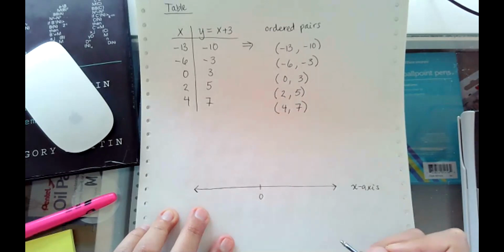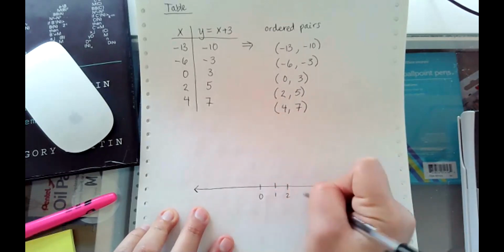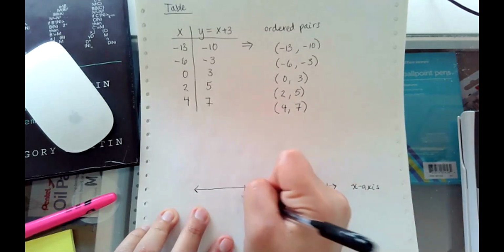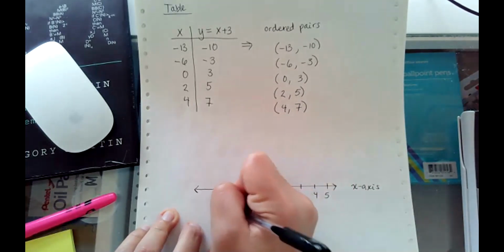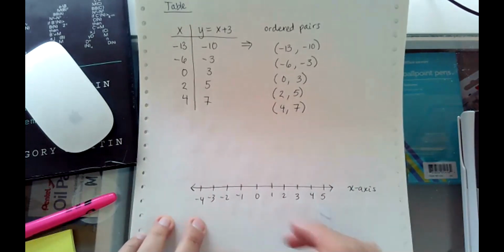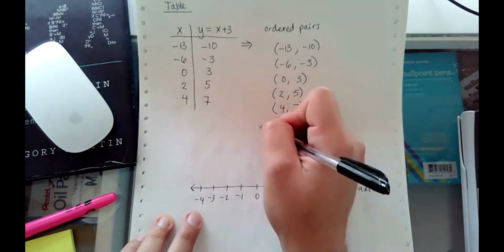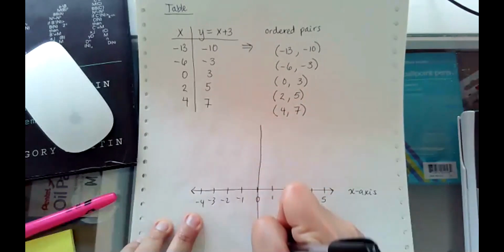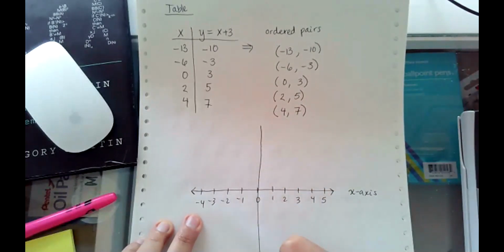It starts with 0 in the middle, goes 1, 2, 3, 4, 5, and so on. -1, -2, -3, -4, and so on. But what they do right at the 0 mark is they draw another number line that goes straight vertically down, perpendicular to that first number line.